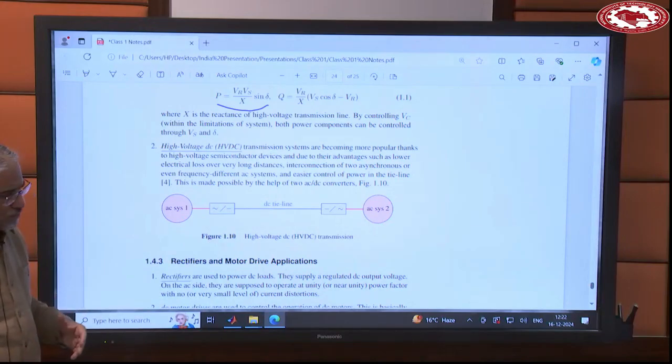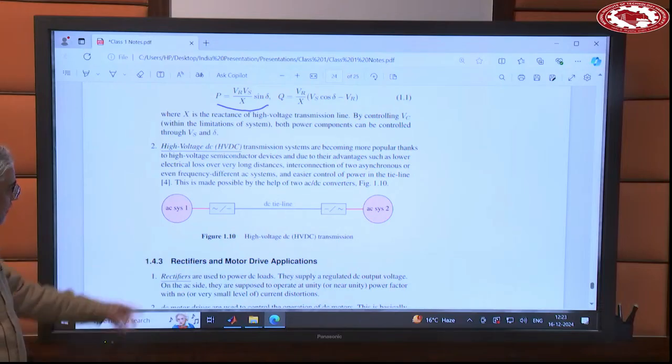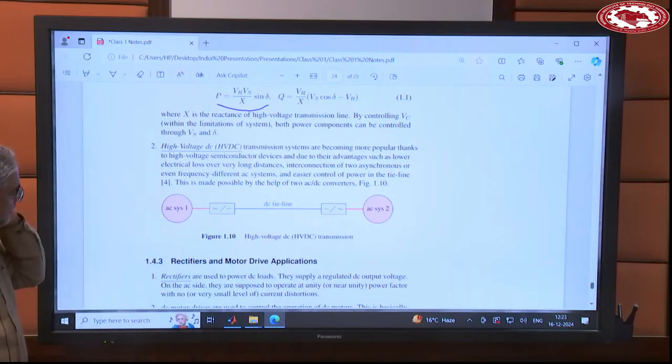Also, in terms of synchronization, it is more stable than AC. With all these advantages, a lot of people have been researching, and there is even some practical deployment of these systems. I don't know about India, but I know China has been using this technology very much, and some European countries as well.